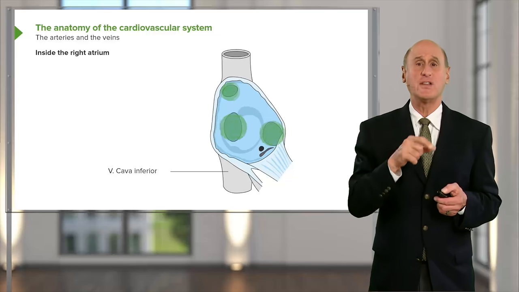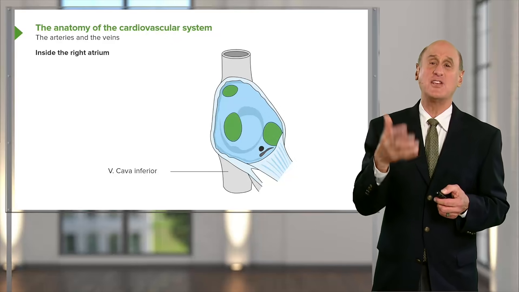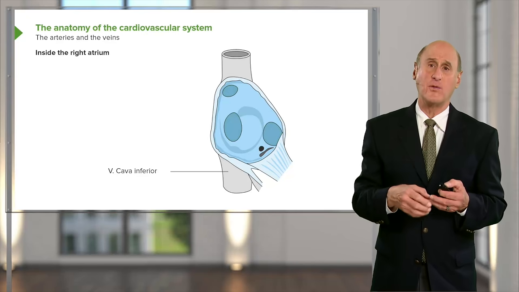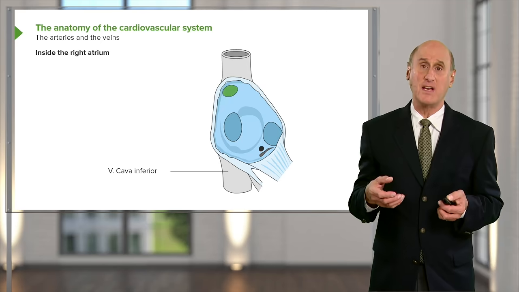I wanted to just reiterate the return of venous blood to the heart. What you're seeing here is a little diagram of the inside of the right atrium. And you'll notice that there are three circles, and these three circles represent the venous drainage coming into the heart. The highest one, the one that's up top, is the entrance of the blood from the superior vena cava.